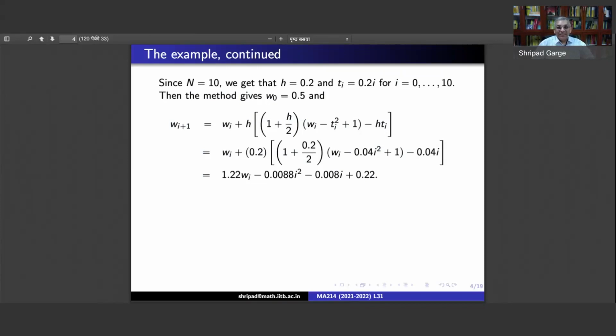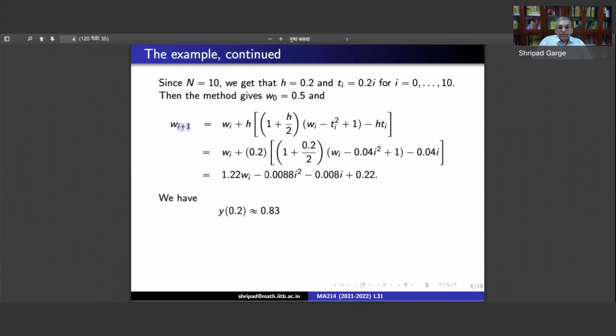A very neat formula, and we can compute some of the initial values. In fact, we can compute y. So W naught is given to be 0.5. We can compute W1, which will be an approximation for the value y 0.2. So we will have to put I equal to 0. If you want to compute W1, then I is 0.